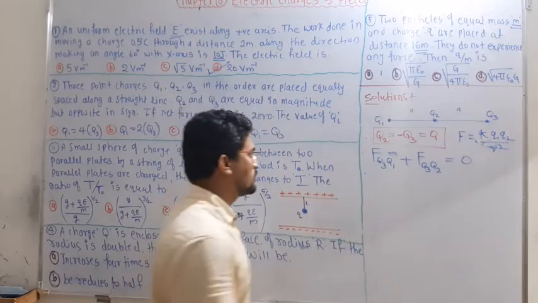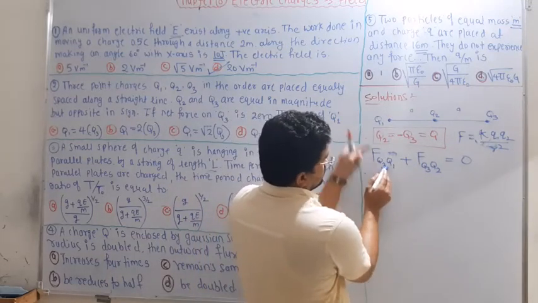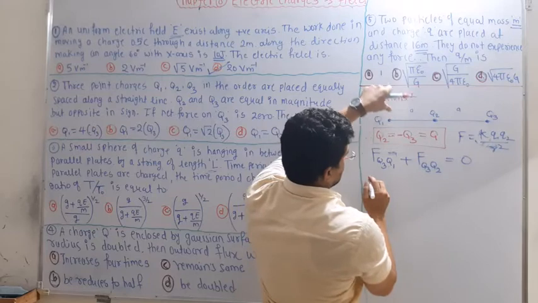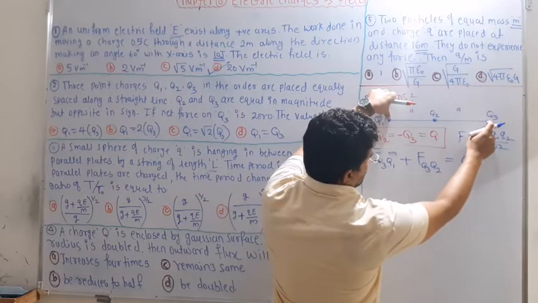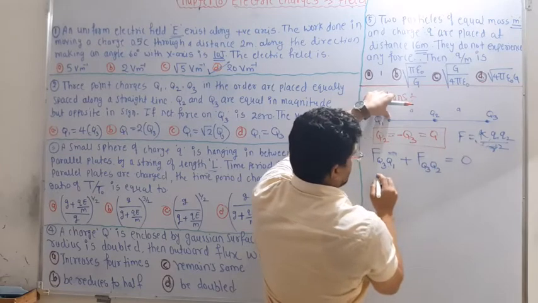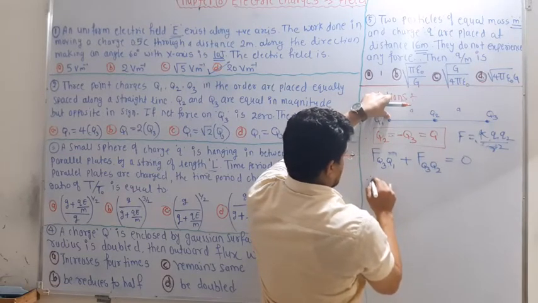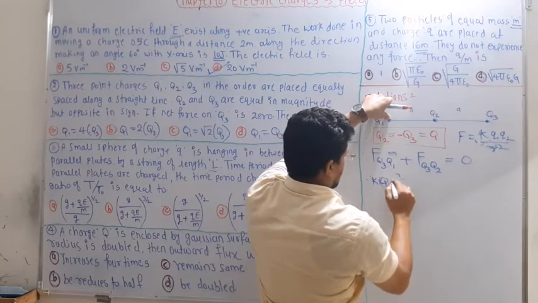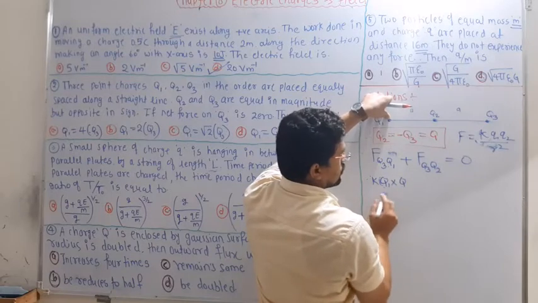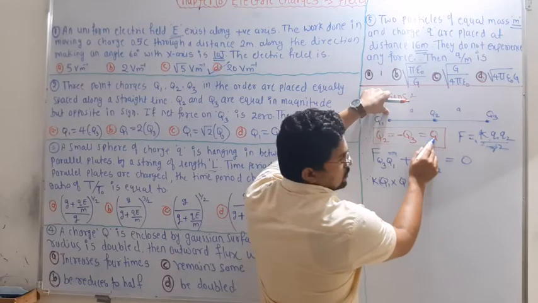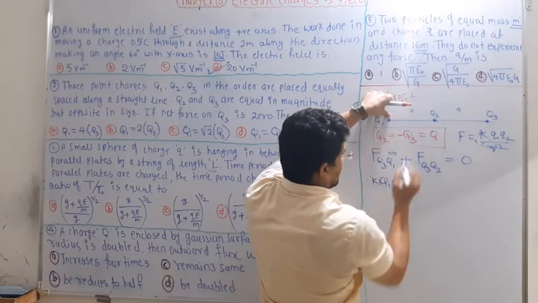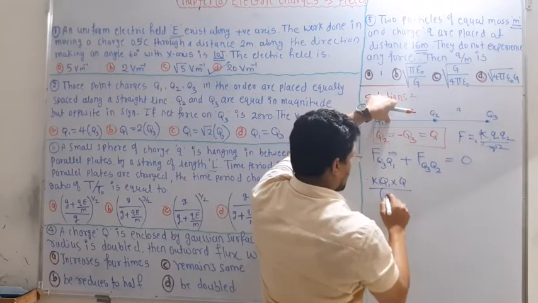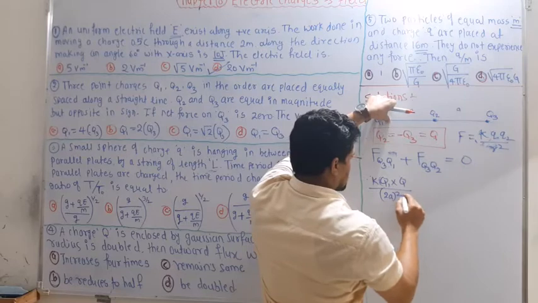So the force between Q3 and Q1, both positive, becomes K, Q1 multiplied by Q, because the magnitude of Q3 is Q, divided by R square. R is the distance between them, which is 2a, so it becomes 2a whole square.